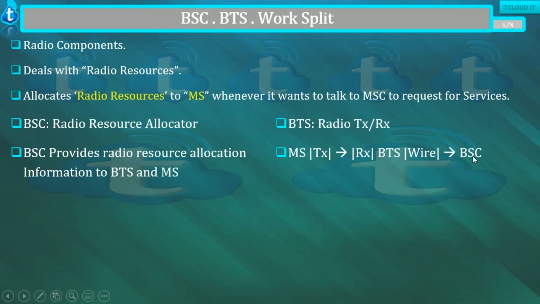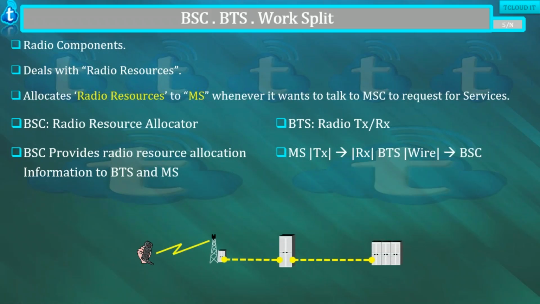BTS is going to forward that to BSC on a wire, or vice versa. So if mobile is sending something, it will forward it to BSC. Or if BSC sends something to BTS on a wire, BTS is going to transmit that on a radio link to the mobile station.